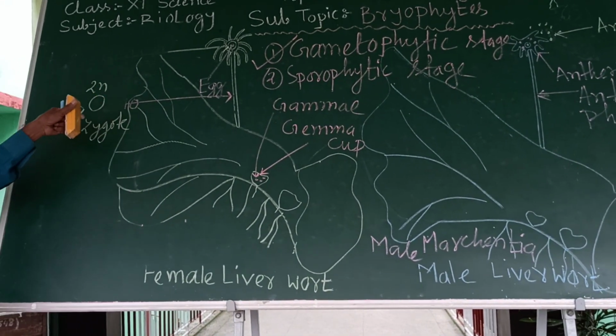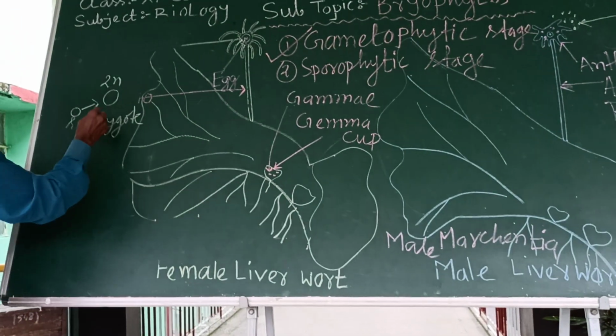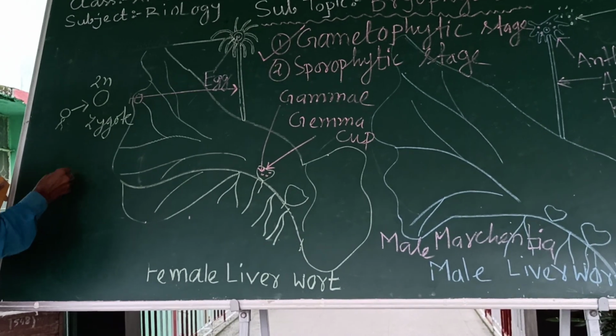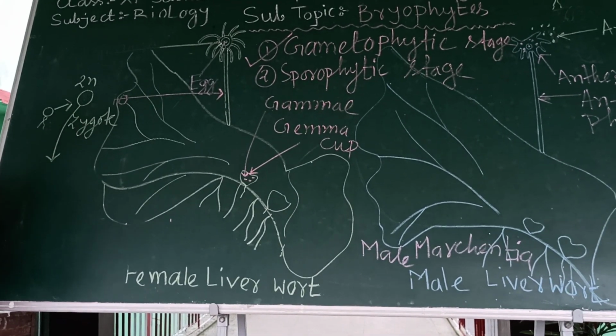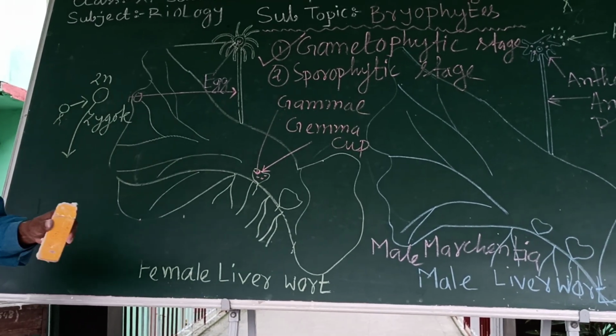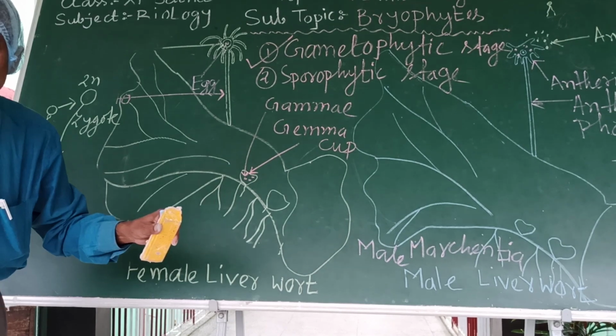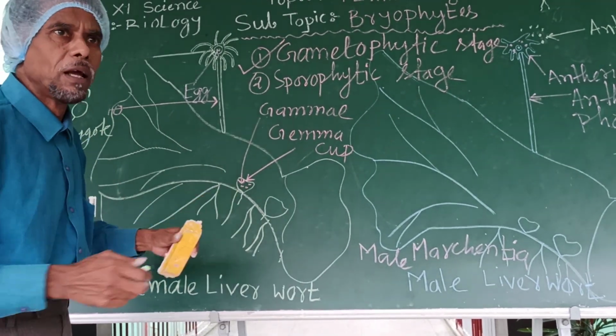This zygote does not immediately divide by meiosis. So it does not undergo meiosis.